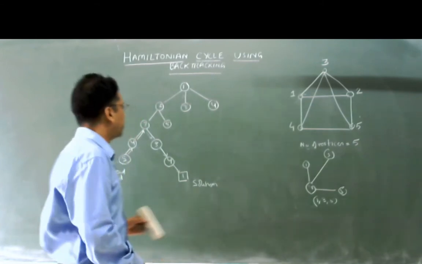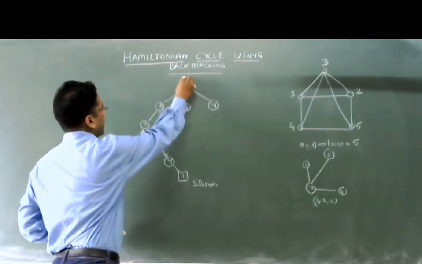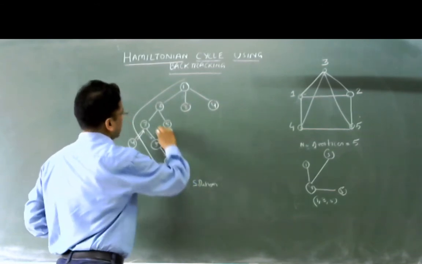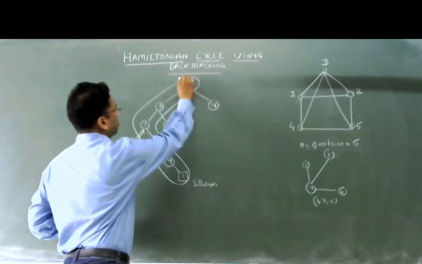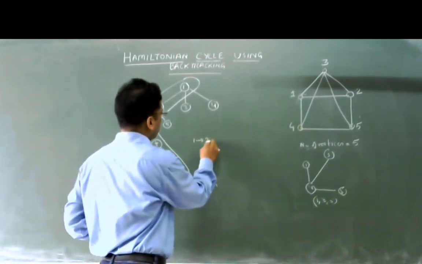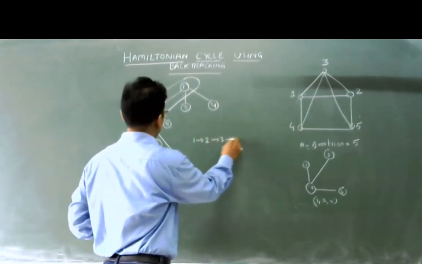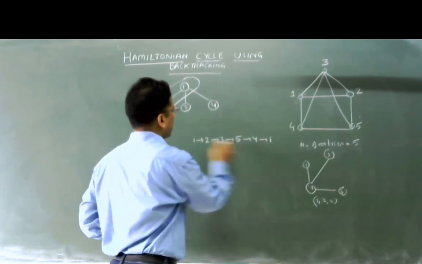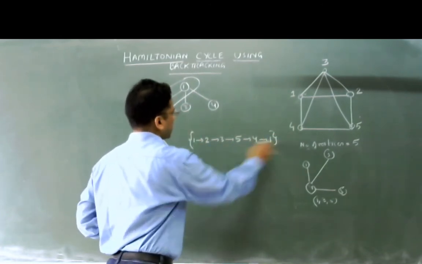So by looking at this, we can say that this path is the solution, or the sequence 1 to 2, then 3, 5, 4 and 1 is the Hamiltonian cycle.